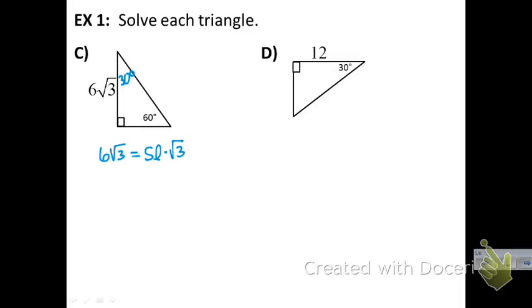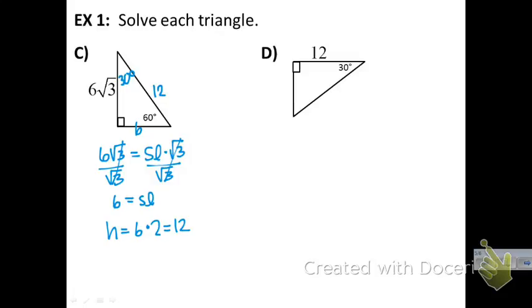Then to solve this, we divide by root 3. And they cancel here. They also cancel over here. So our short leg is 6. Then we're going to go to the other formula that says the hypotenuse is equal to the short leg, in this case 6, times 2, which is 12. So our hypotenuse ends up being 12.